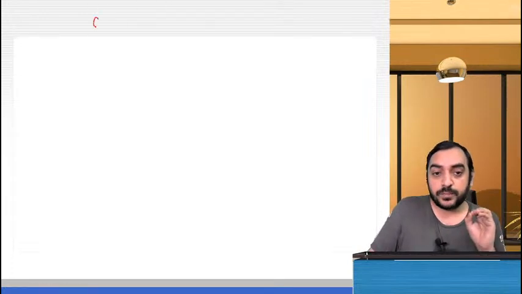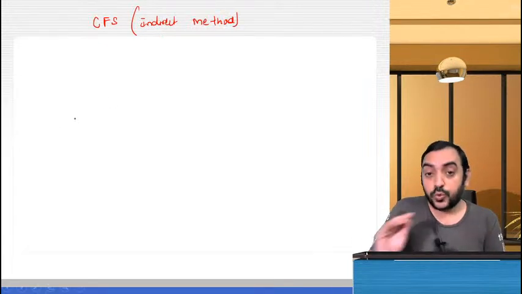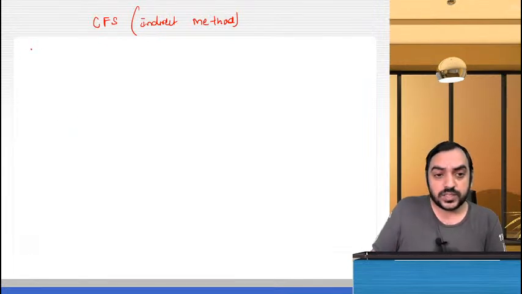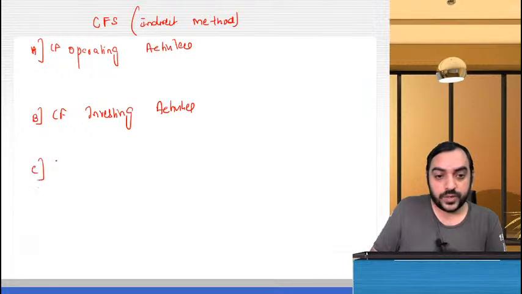Cash flow statement, indirect method. The method we follow is this. First, we start with cash flow from operating activities. Then cash flow from investing activities. Then cash flow from financing activities.